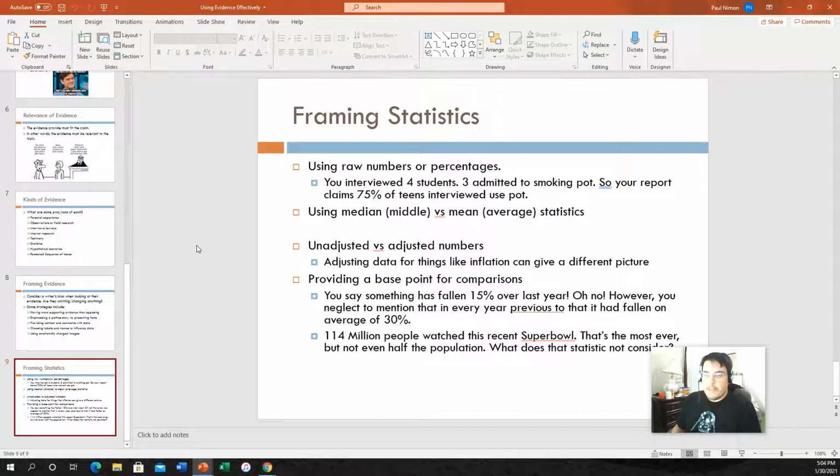Okay, back when President Obama was running for office, I believe this was 2008. Okay, the first time he ran for office. He had a rally in a stadium, a football stadium. And at the time, it was the largest rally for a presidential hopeful in history.